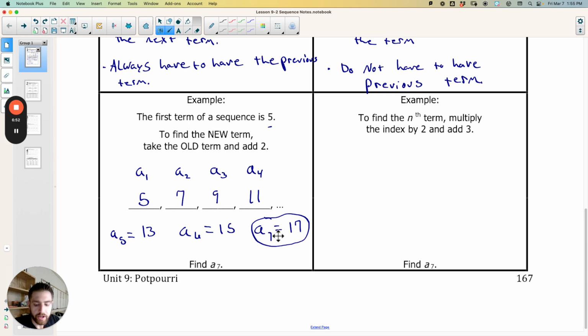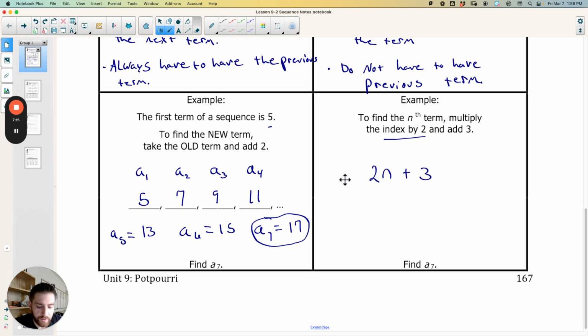Okay, now looking at an explicit formula, we've got to set it up first, and then we're going to see how to find the 7th term. So to find the nth term, multiply the index by 2. Remember the index is n, so 2n, and then we're going to add 3 to it.